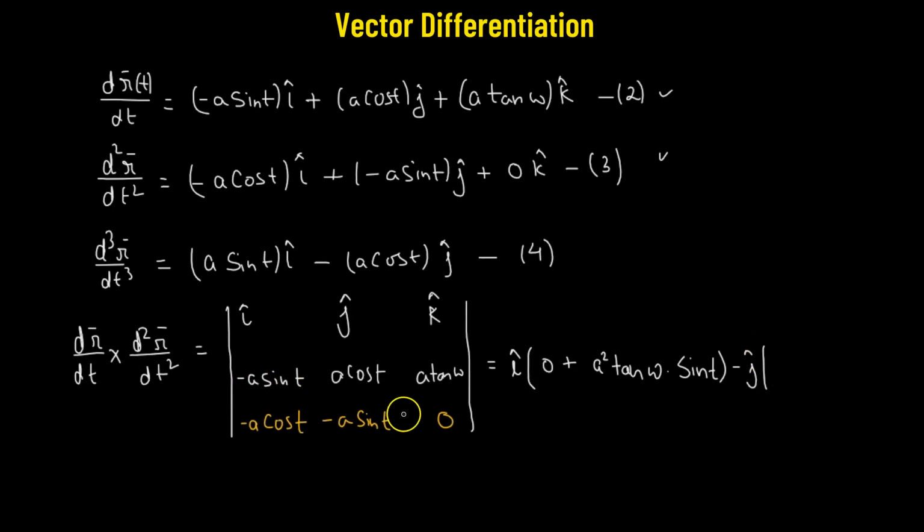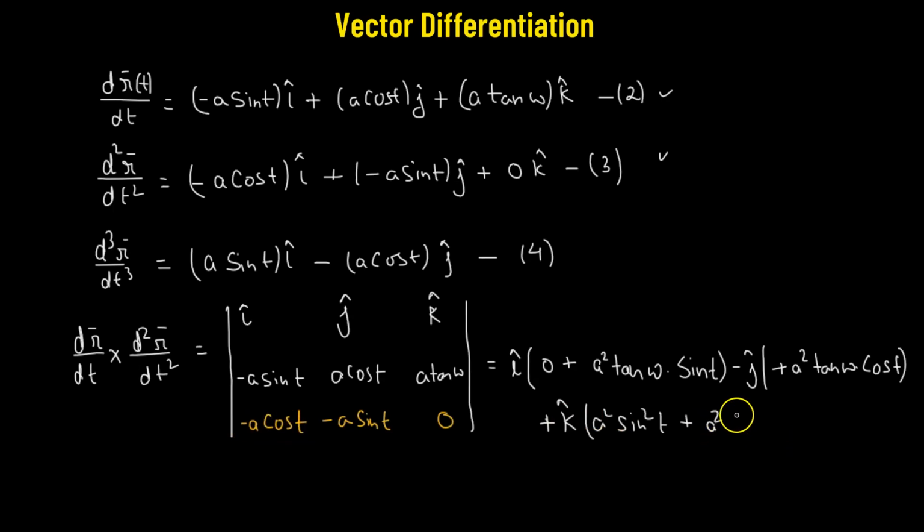So we have negative a sine t times 0, so that's 0, and we have positive a squared 10 omega times cosine t. This is the y component. And finally, for the k component, or the z component, we have a squared sine squared t plus a squared cosine squared t.